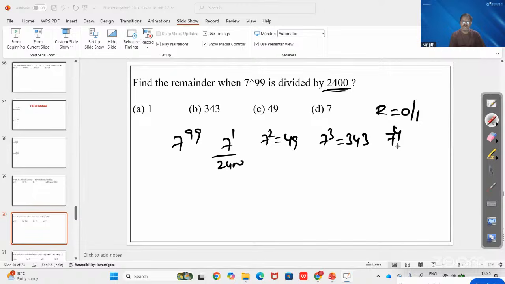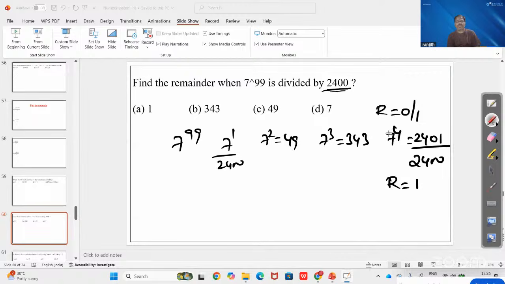So 7 power 4 equal to 2401. If I divide 2401 by 2400, I will get the remainder equal to 1.